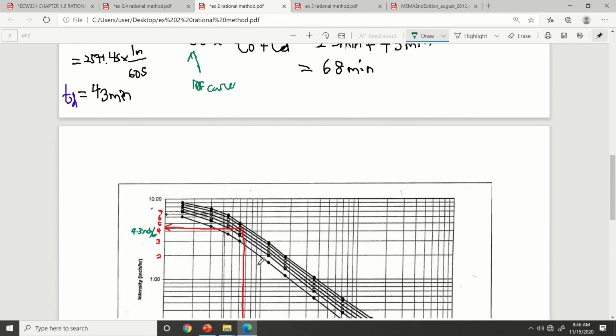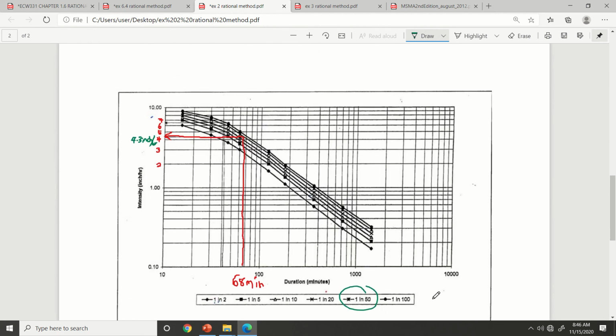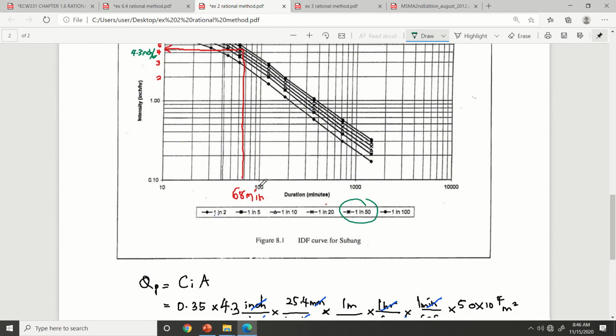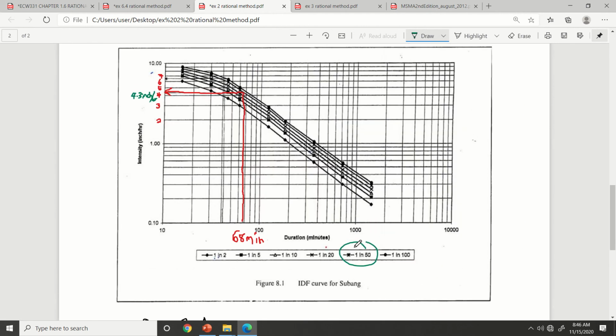So from this 68 minute TC, then you can use the IDF curve, IDF curve Subang. Given in the question is 50 years peak discharge, so I use 1 in 50. TC 68, and then 1 in 50, and I get my rainfall intensity, 4.3 inch per hour.